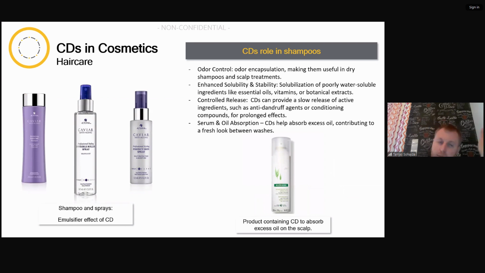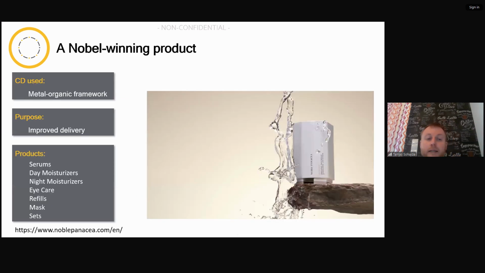Just a few other examples from a different area, shampoos. So here, cyclodextrins are again used for the very same purposes as emulsifiers, or to improve the absorption of certain oil components, and so on. So technically, I'm not repeating myself, just showing you the versatility of the product.